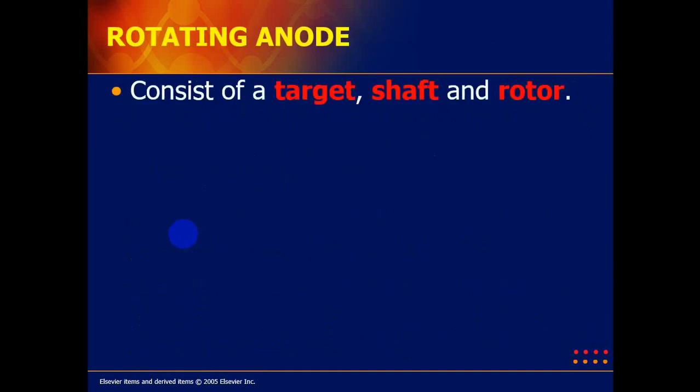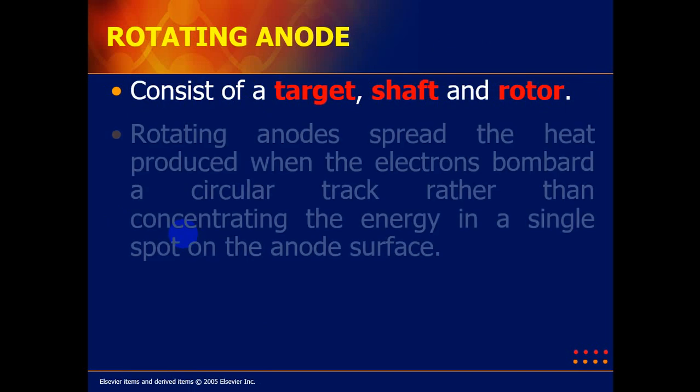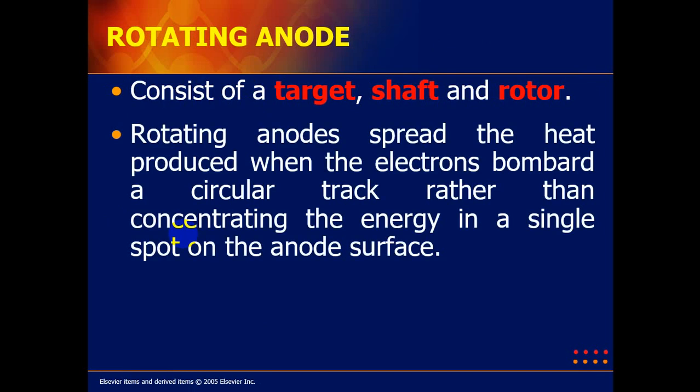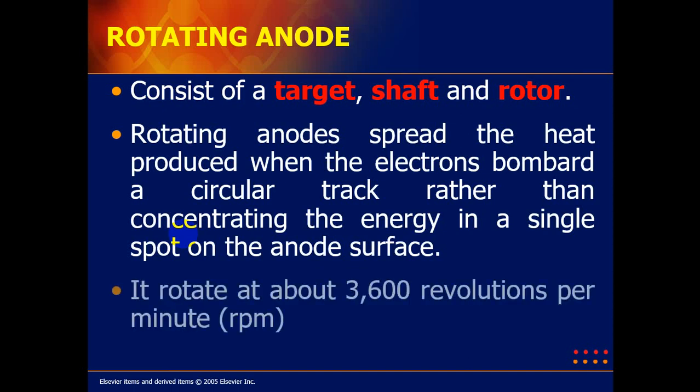Rotating anode. It consists of a target, shaft, and rotor. Rotating anodes spread the heat produced when the electrons bombard a circular track rather than concentrating the energy in a single spot on the anode surface. It rotates at about 3,600 revolutions per minute.